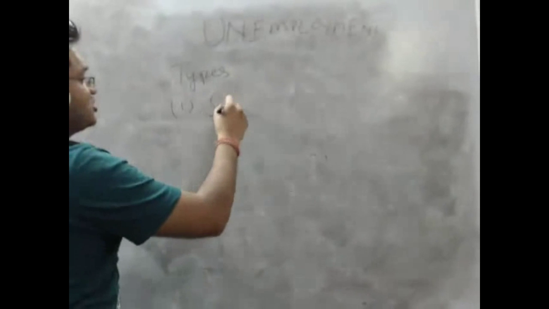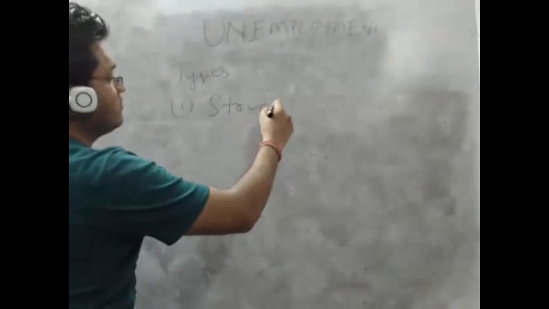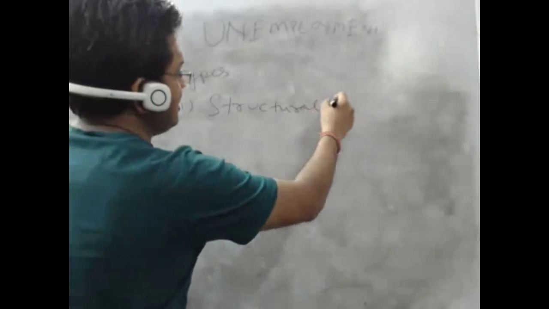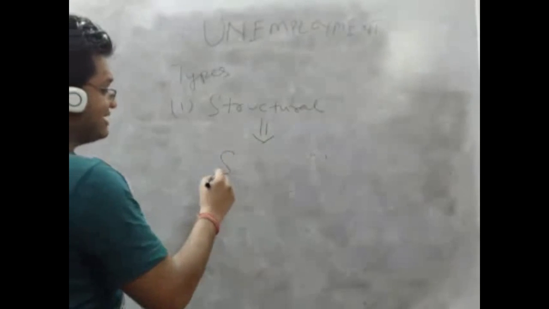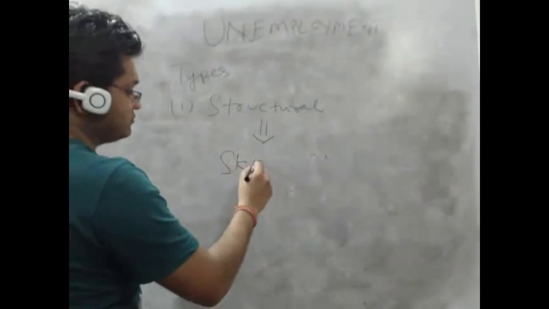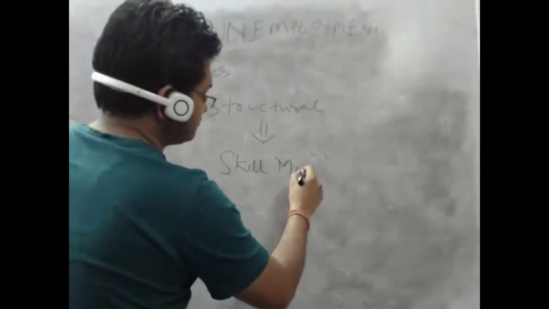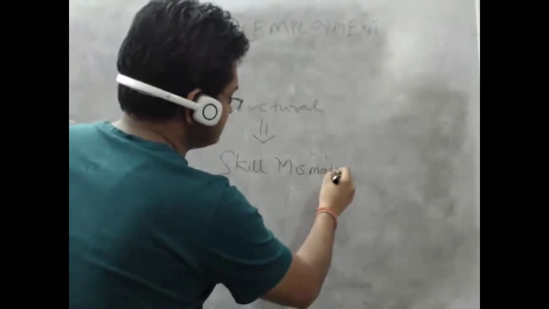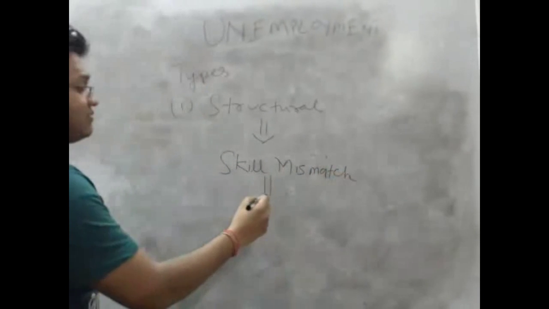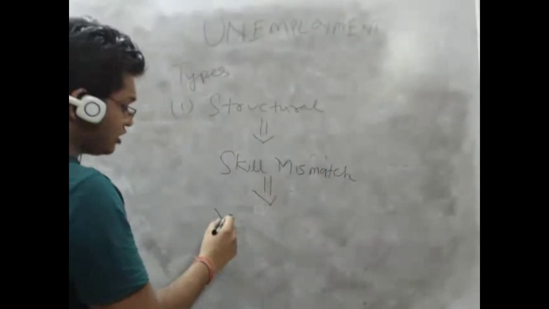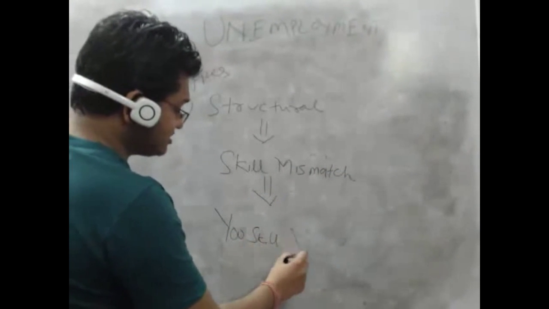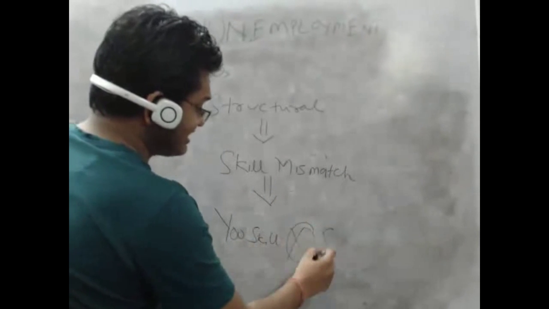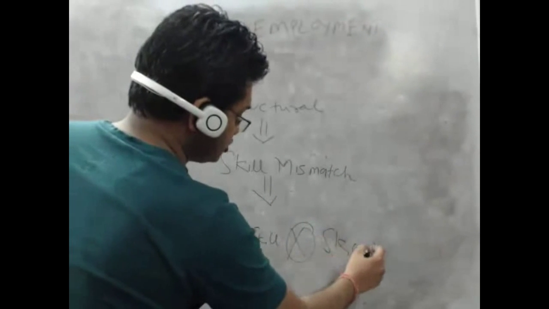Then your second type of unemployment is structural unemployment. It means skill mismatch. When I say skill mismatch, it means your skill does not match with the skill required for the job.